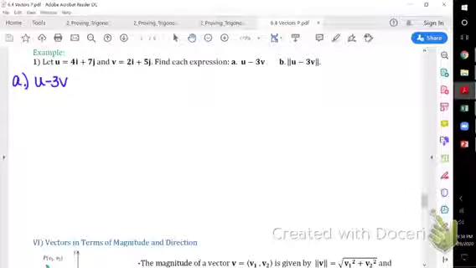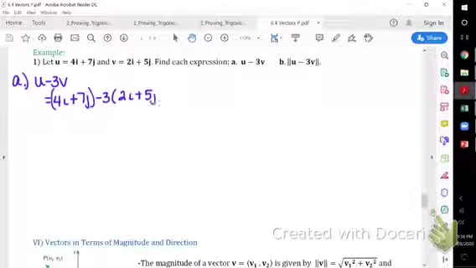I'm going to write this below it here. And then we have minus 3, and we know v is 2i plus 5j. It looks like just regular algebra, and that's how we're going to treat it. So we're going to distribute that scalar of 3, and then we're going to combine our like terms.